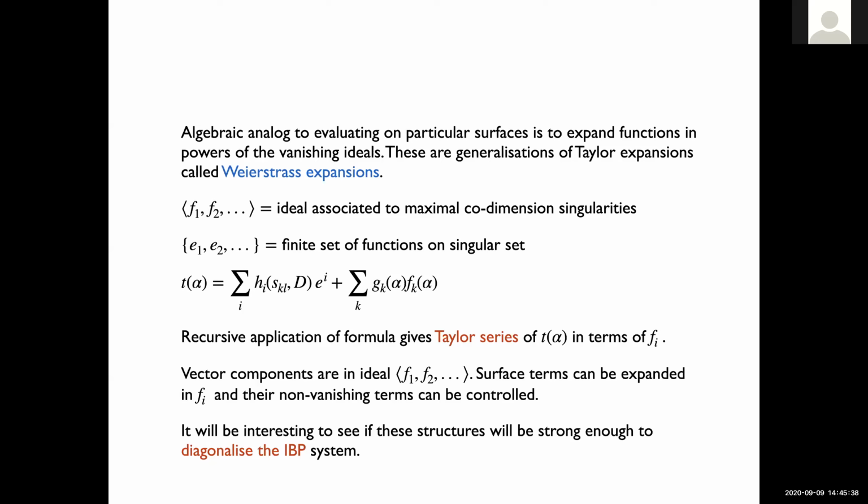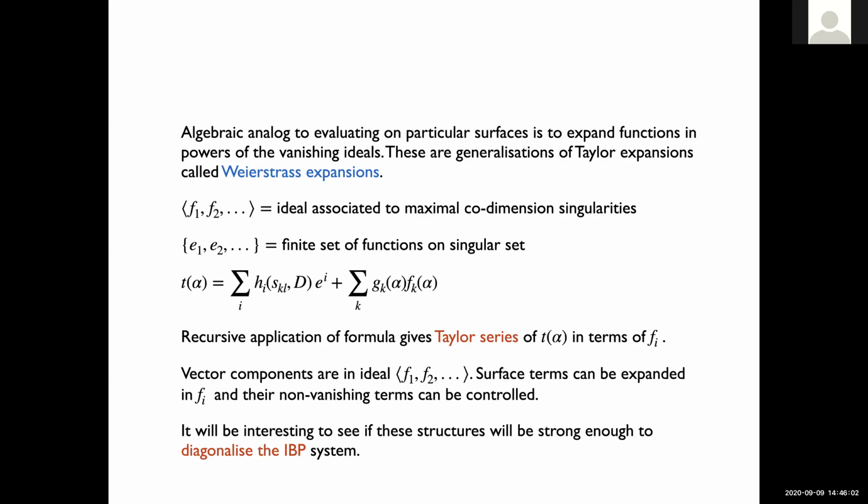And you can build up some sort of Taylor expansions of that sort. I think you can use these expansions to solve the IBP systems more efficiently. But maybe one can even see structures to find explicit solutions to these systems in that way. So I noted here: to diagonalize the IBP system.